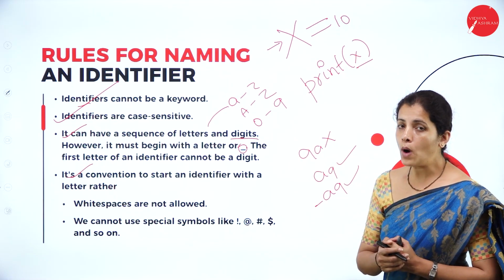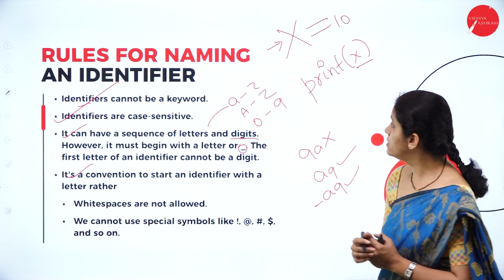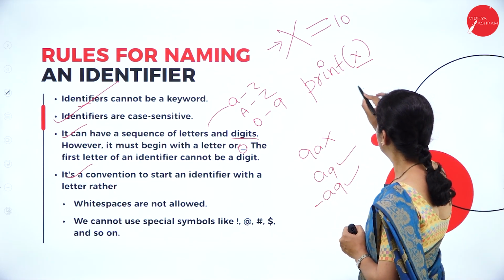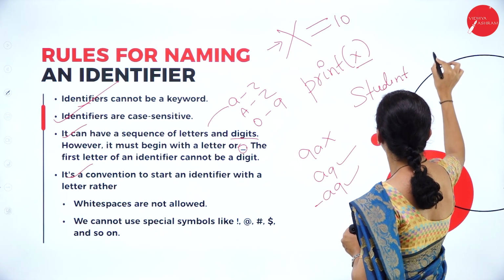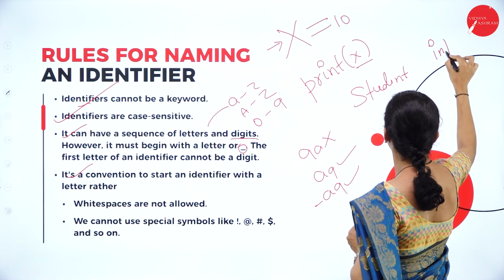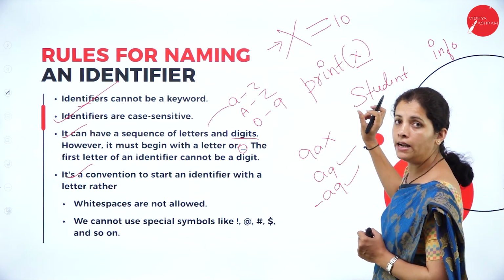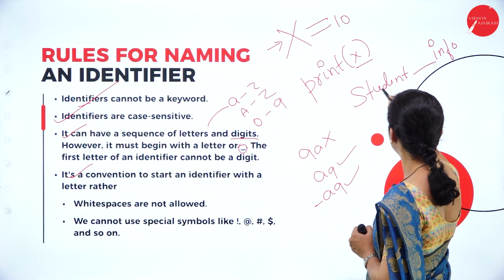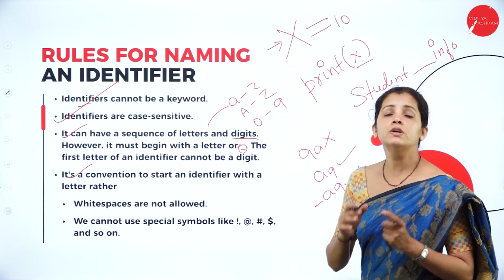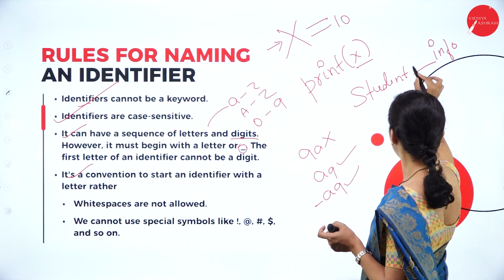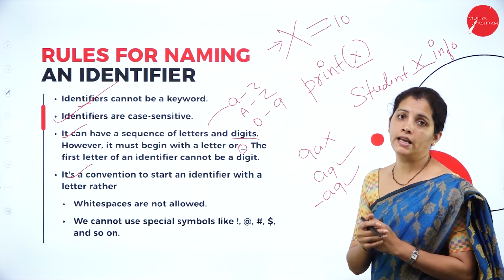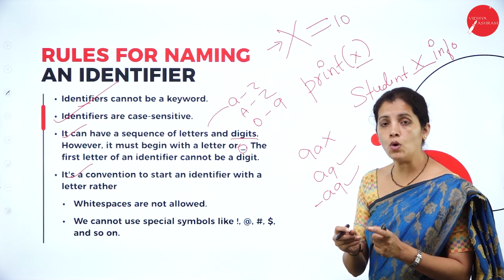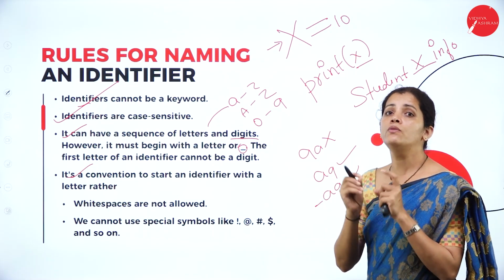Okay, fine. While defining an identifier, for example, student info. See here, what I did, I gave a space between student and info. So it is wrong. I cannot give white space. Instead of that, I can use an underscore to join two words.